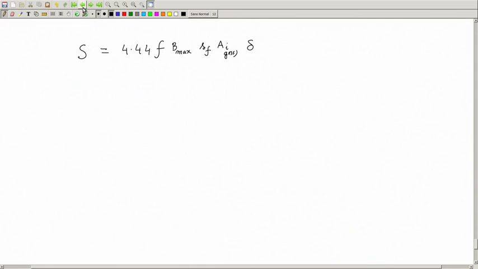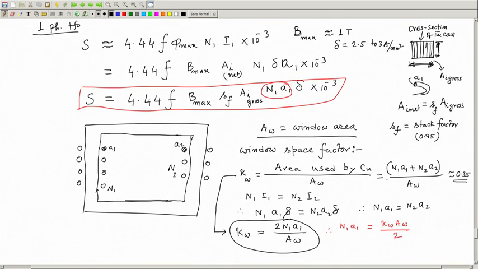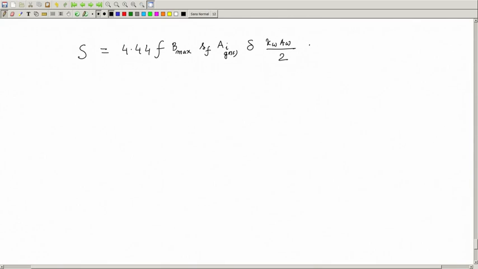So, I will put KW AW by 2 there, into 10 to the minus 3.